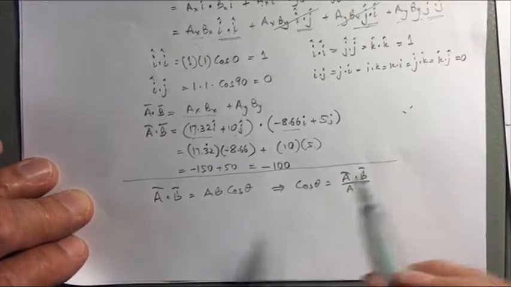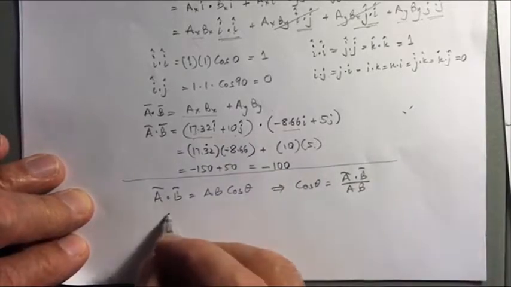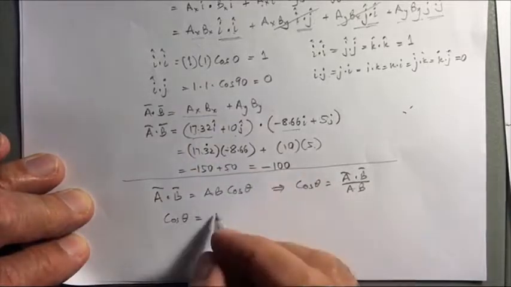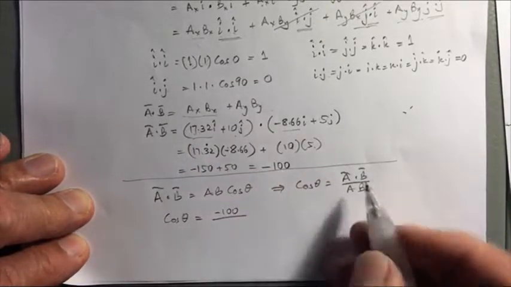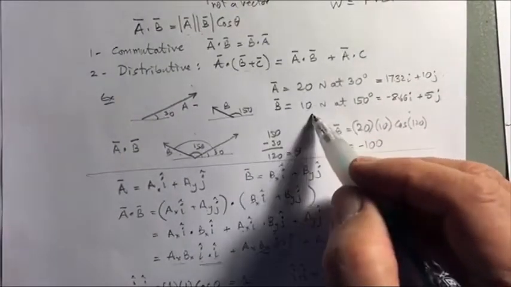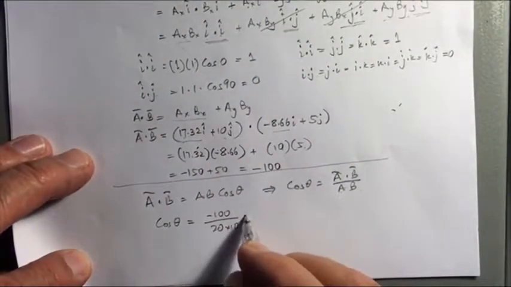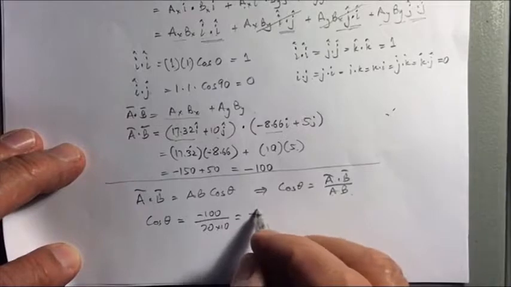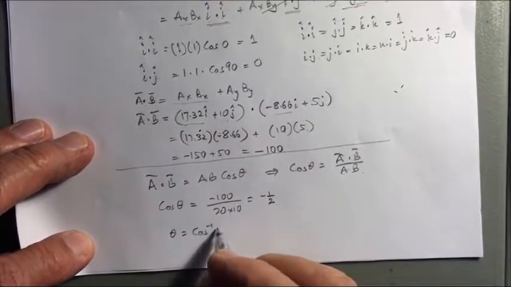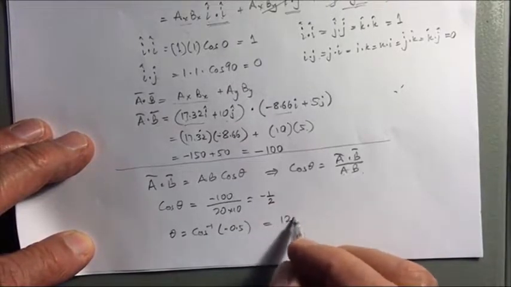So let's use this to find the angle between the two vectors A and B. So cos theta is going to be A dot B, which is minus 100, over the magnitudes of A times B. The magnitude of A was 20, the magnitude of B was 10, so it's going to be 20 times 10, which is 200, so it's going to be minus 1 over 2, and so theta is the cosine inverse of minus 0.5, which is 120 degrees.